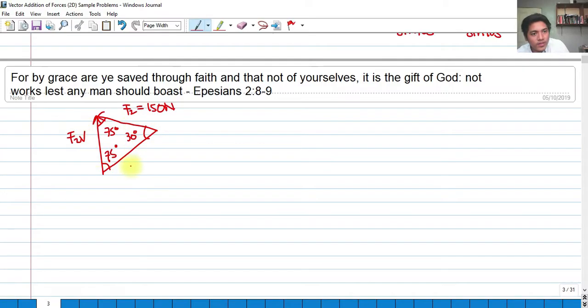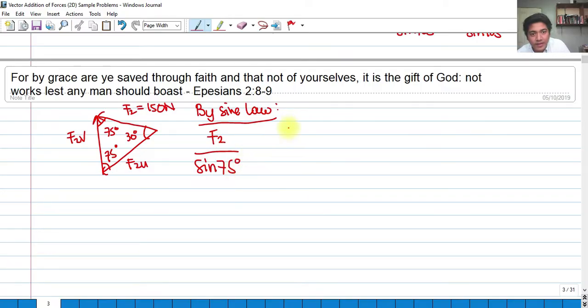This is F2V, this is again F2U. So by sine law again, we know the F2. We can use F2 over sine 75, which is also the same as sine 75 over F2.